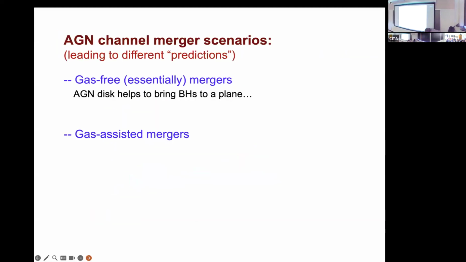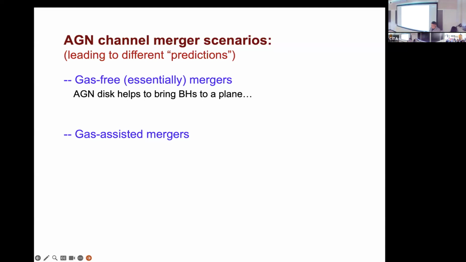The first one I call gas-free, or essentially gas-free merger. You can imagine two stellar mass black holes that have been brought onto a plane by the gas, by dissipative processes, and once they are confined in the plane, they have more chance to find each other and merge.